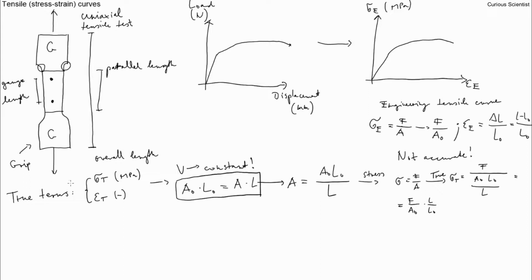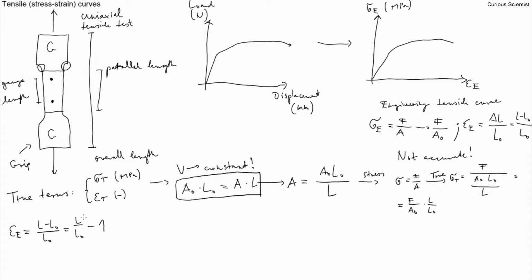So previously in non-true terms the engineering strain was something like this. But this is not so elegant, right? So we can say that if we just use L divided by L0 minus 1.